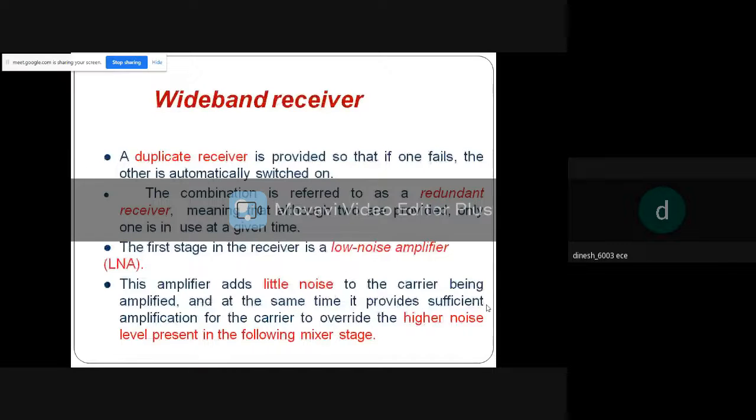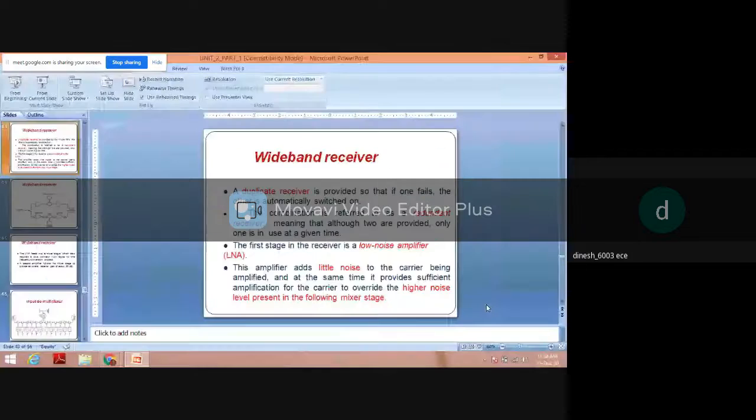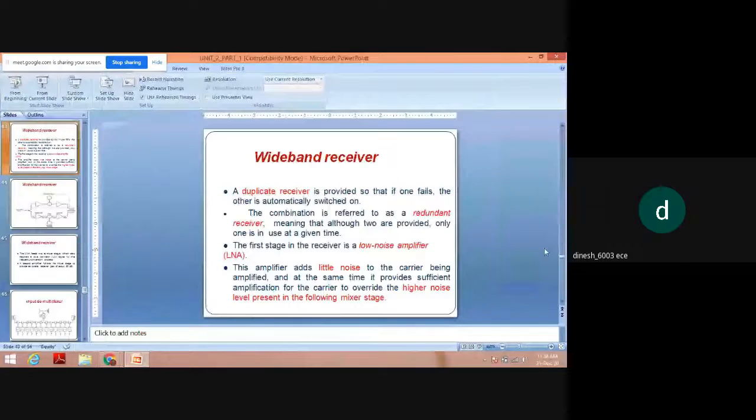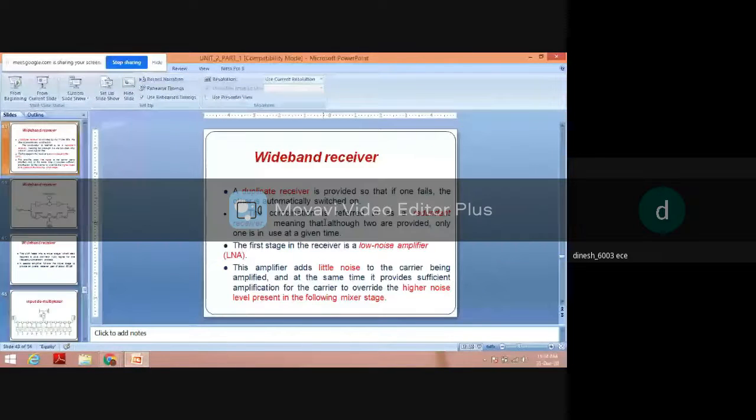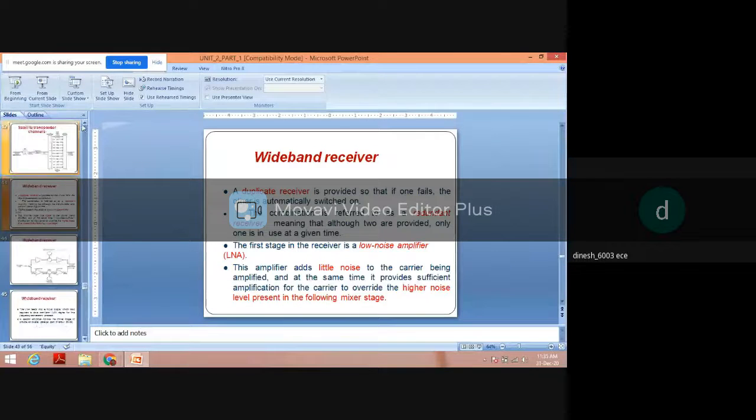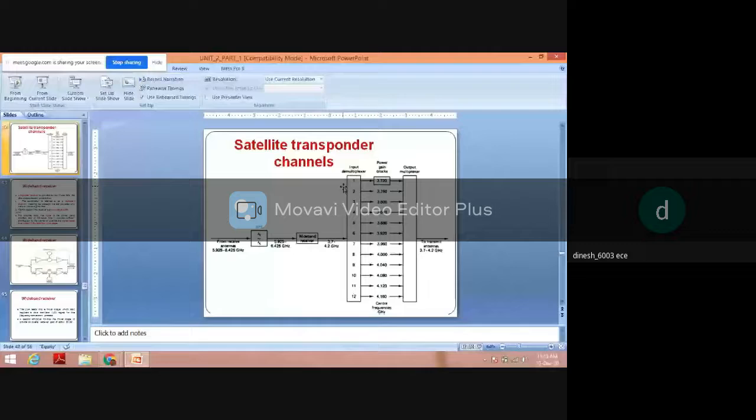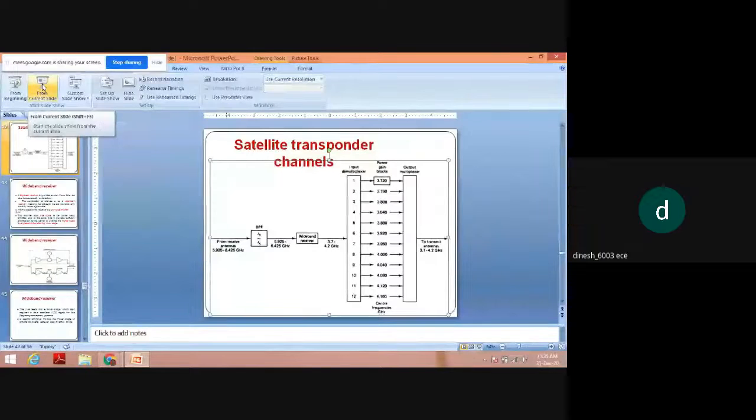To know more about the wideband receiver, I'll show this diagram again. If you have any queries, kindly put them in the chat box. Then I'll proceed further.